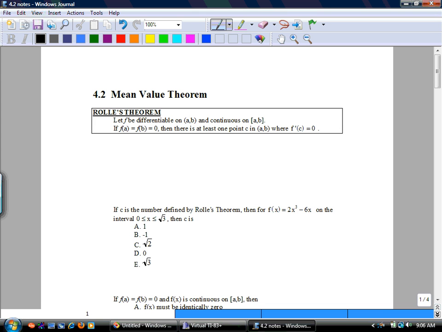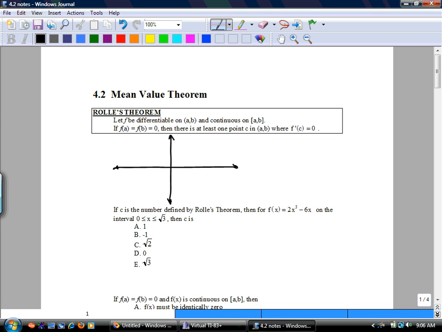Okay, so what I would like you to do is to draw a coordinate grid down here and mark 2 points on your x-axis, please.